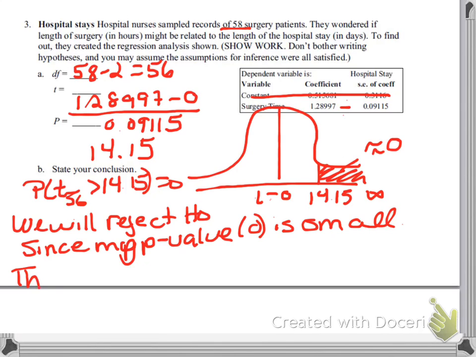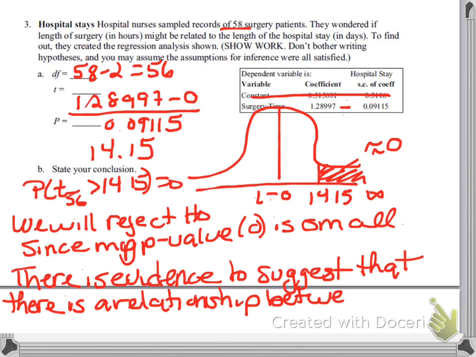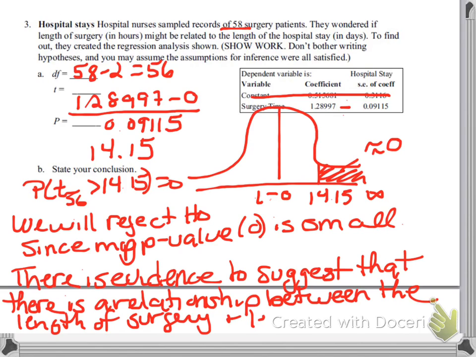So there is evidence to suggest that there is a relationship between the length of the surgery and the length of hospital stay.